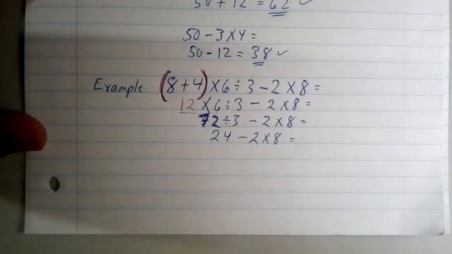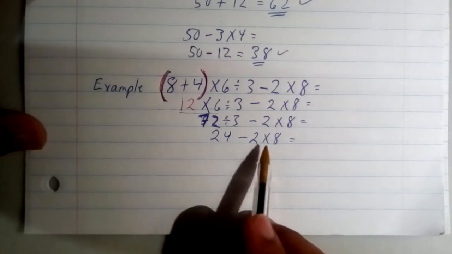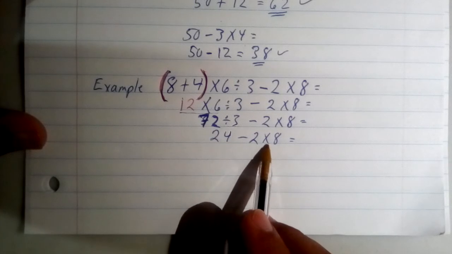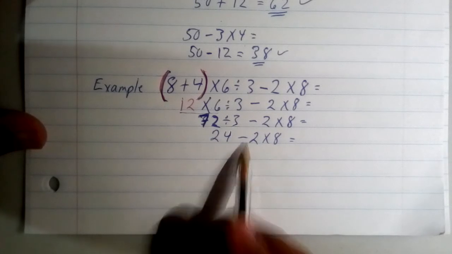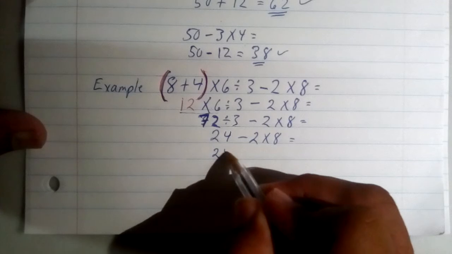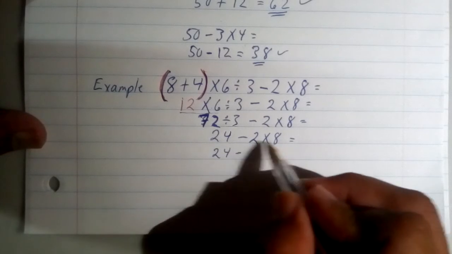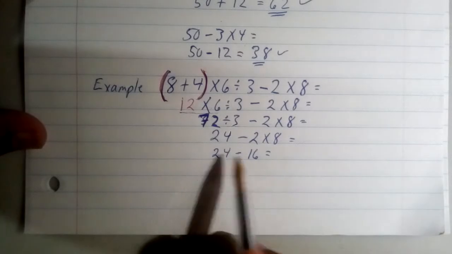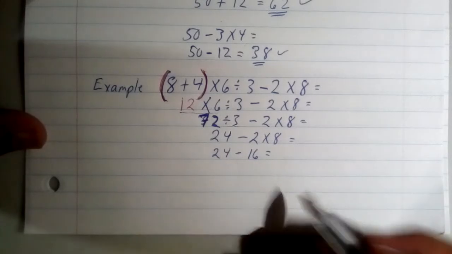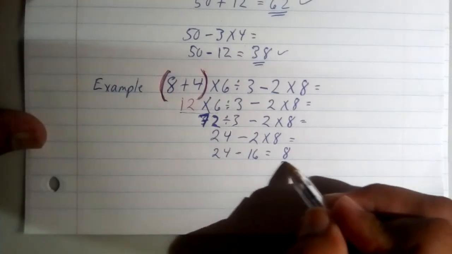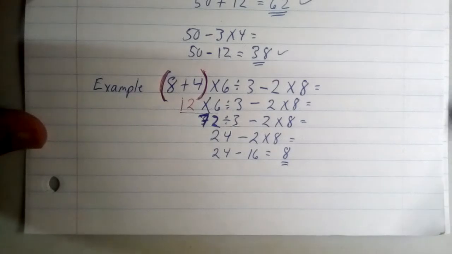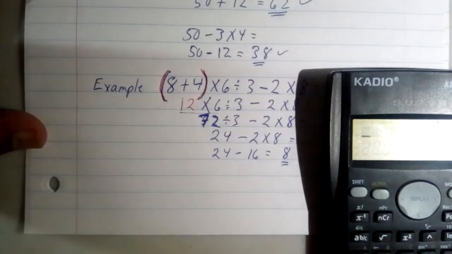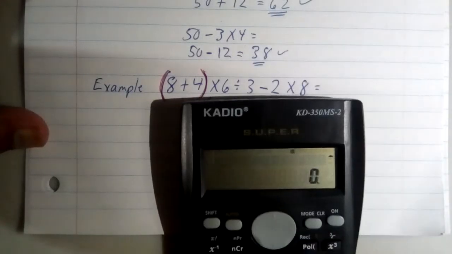Well, according to our order of operation, it says parentheses, exponents, multiplication, and division. We have a multiplication here, so we need to do this multiplication before doing the subtraction. So we end up with 24 minus 2 times 8, which is 16, equals, and 24 take away 16 is going to be 8, and that's our solution. So let's bring in our judge here, which is our calculator, and see if we get back the same solution.